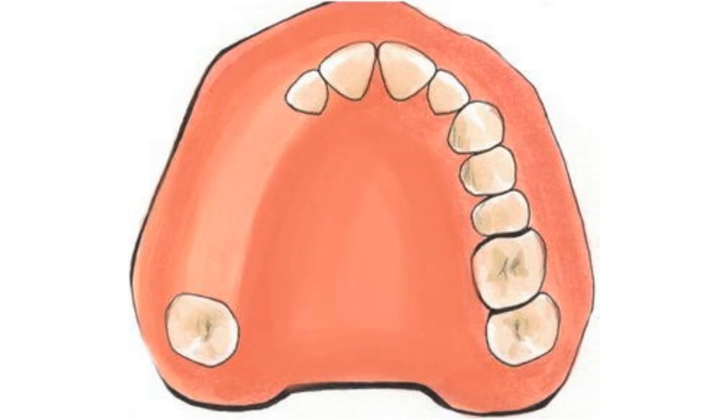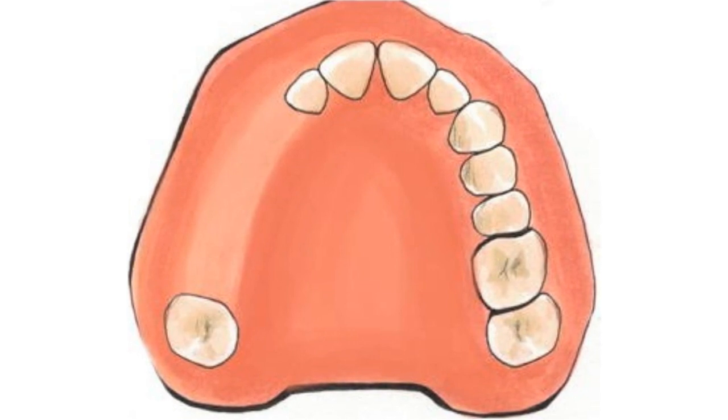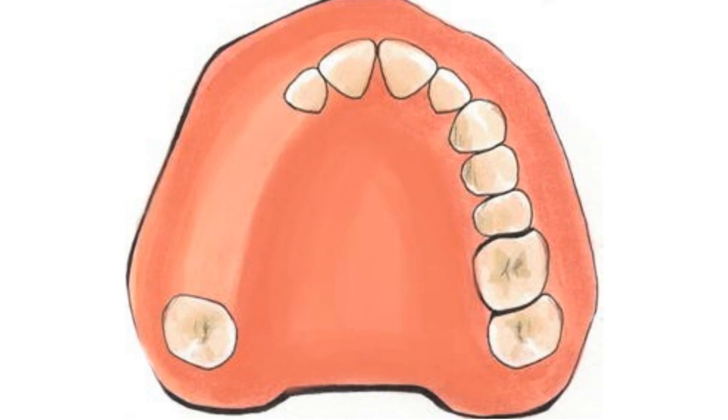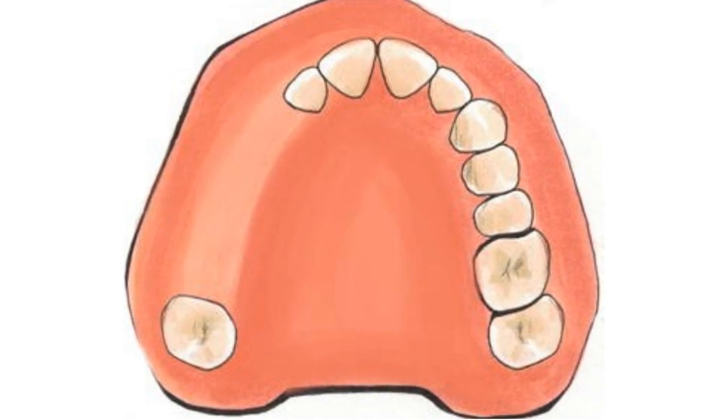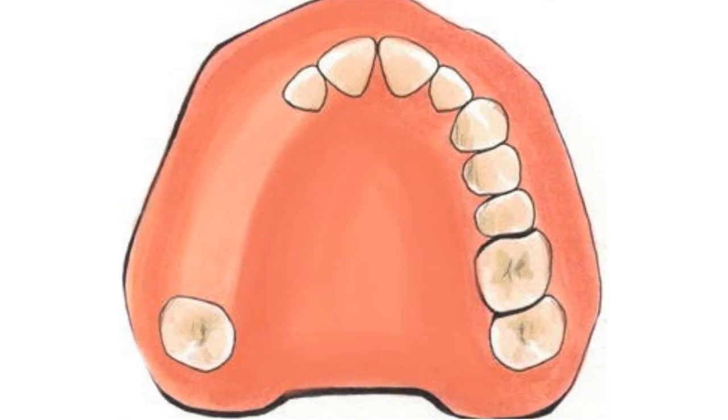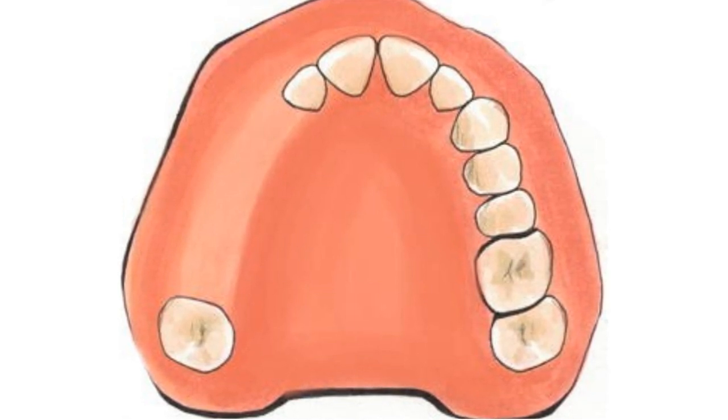Now, if we have one tooth in the posterior, whether the first molar or second molar, and it does not cross the midline, meaning that there is no missing anterior teeth, so the classification will be class 3.